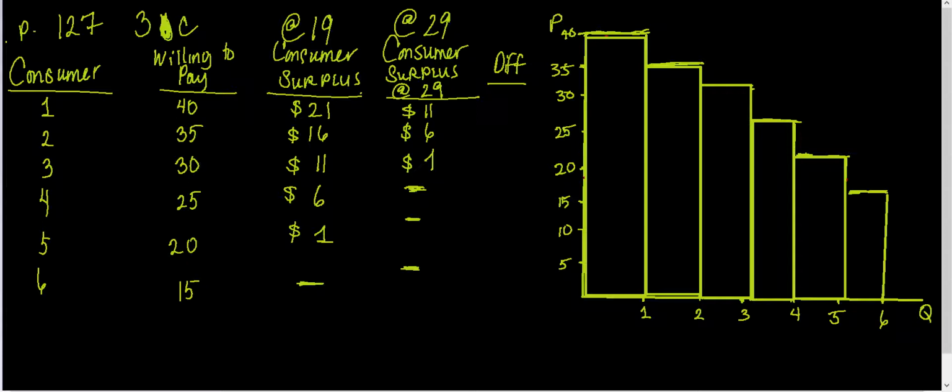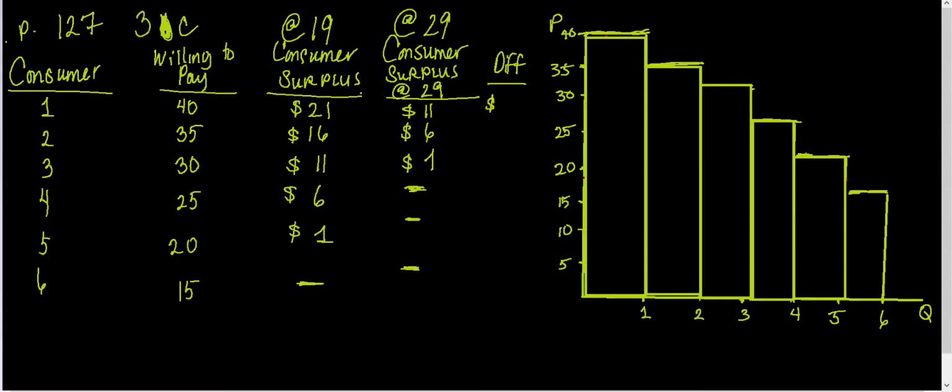And then in this fifth column, I've just put the difference of the two, and so I'll fill that in right now. So the difference just being, the 21 minus 11 being 10, and then 16 minus 6 being 10, 11 minus 1 being 10. This we have nothing to subtract from, so it stays 6. This one, same. And then there's no consumer surplus for consumer 6 at either market price.